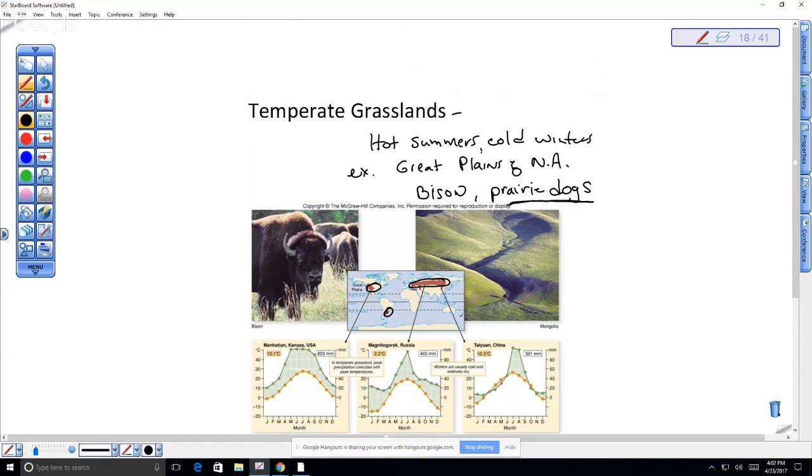But when they started studying prairie dogs and bison, they discovered that when prairie dogs defecate near their prairie dog towns, which used to be extensive, they release nitrogen into the soil. And so bison prefer to eat in areas where the prairie dogs are located because the grass is more nutritious.